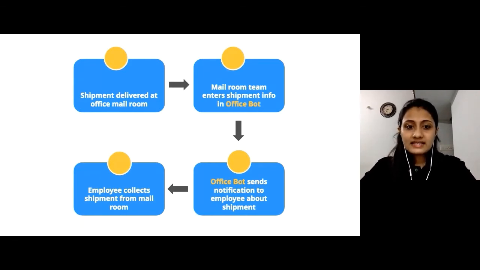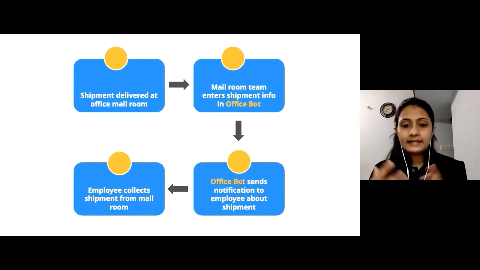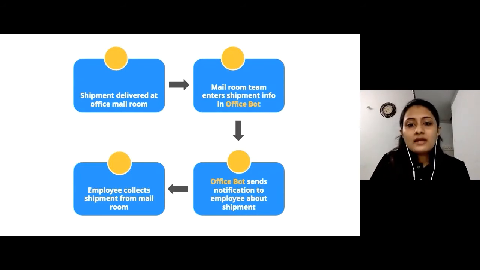So in this case, whenever a shipment has been delivered to the office mailroom, the mailroom team can just go to the office bot and enter all the shipment details. And once they've entered this information, the office bot then sends a notification to the employee.